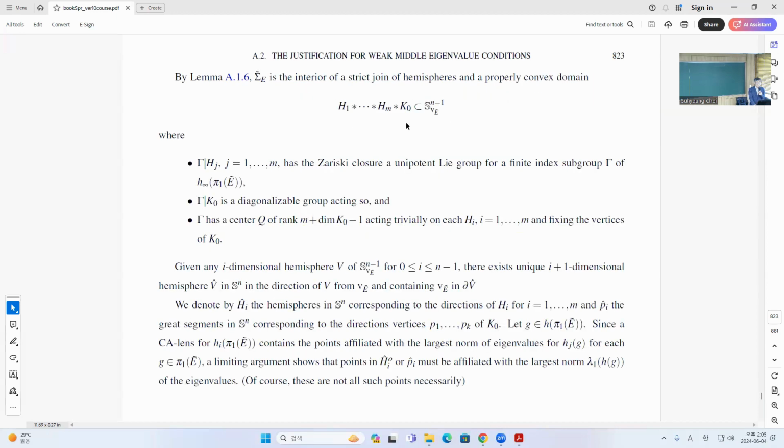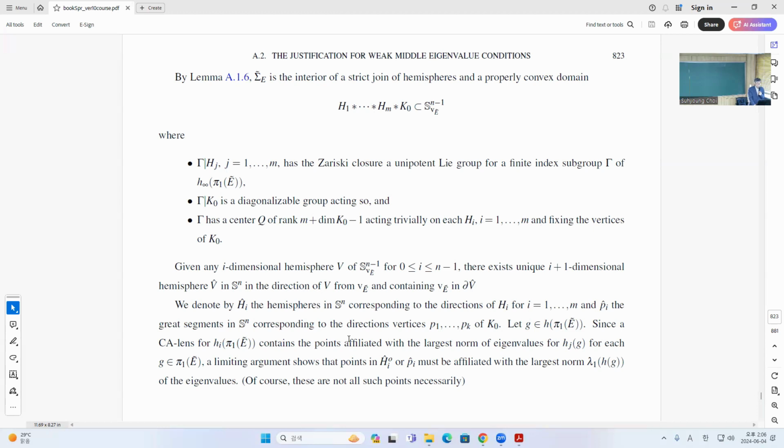the final part is that you'll have this kind of decomposition of the transverse structure. So this will be a join, and then this HI will be the Zariski closure of a unipotent Lie group. Because of this previous work, this will be diagonalizable, and then Q will be acting trivially here.